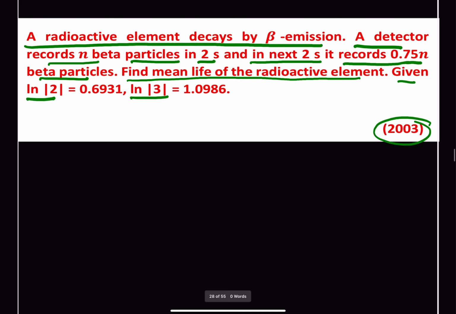So we are given that the decay is via beta emission.